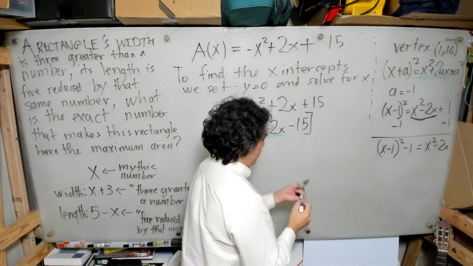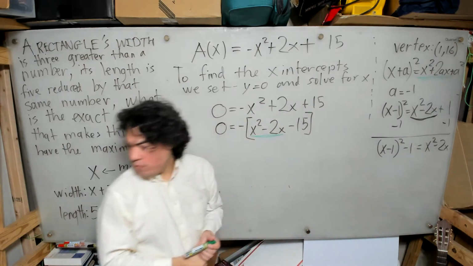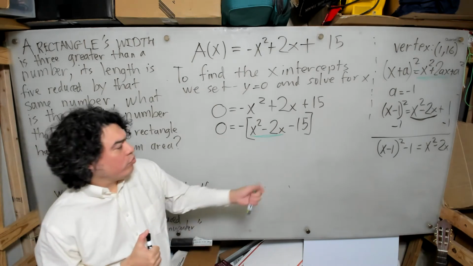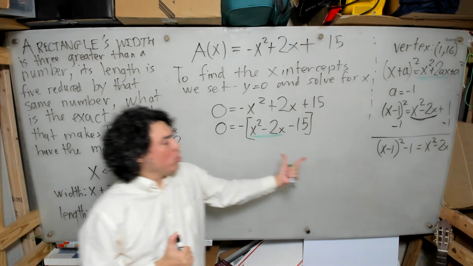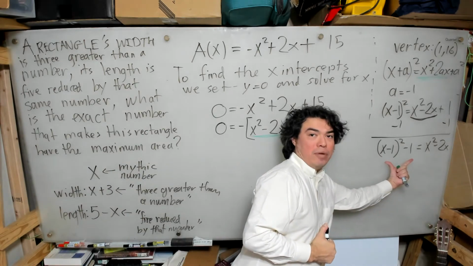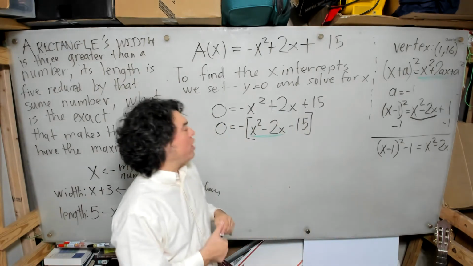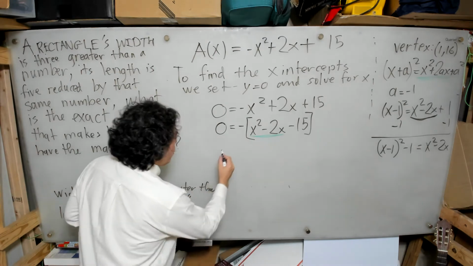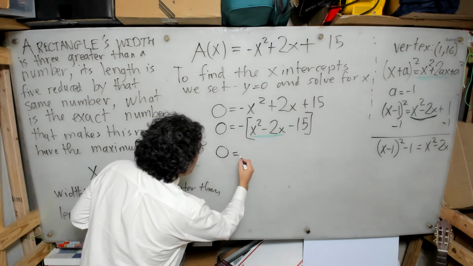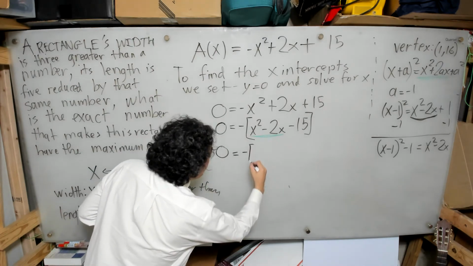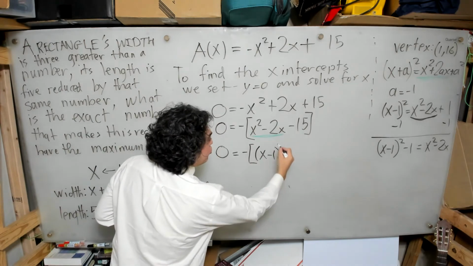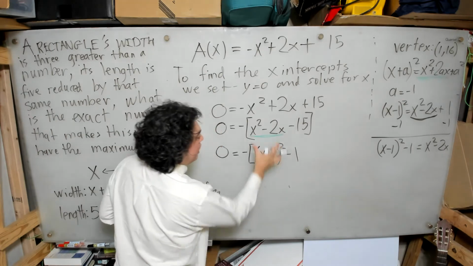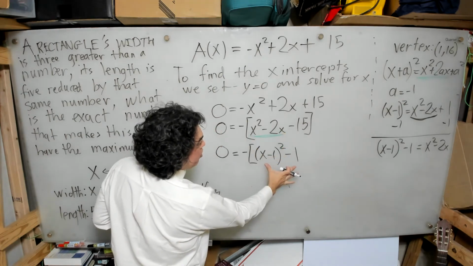Okay? And now, just as before, we are going to replace in this expression the x squared minus 2x with this expression, the x minus 1 squared minus 1. So let's do that here together. So 0 is now going to equal negative, open bracket, x minus 1 squared minus 1. That's this part here.